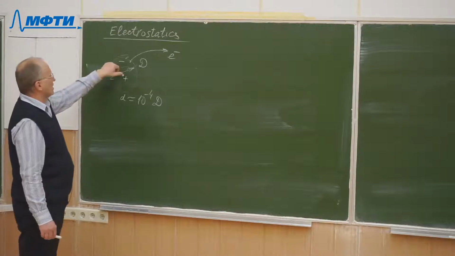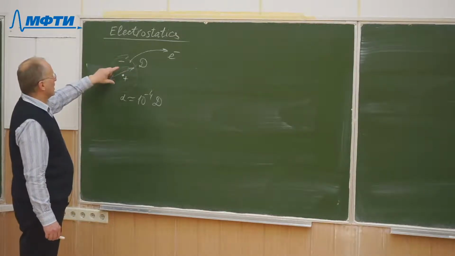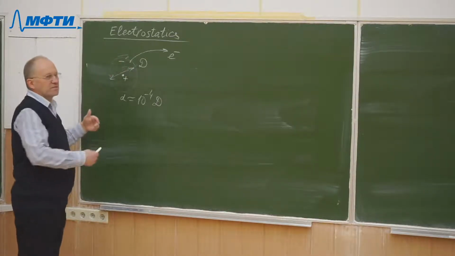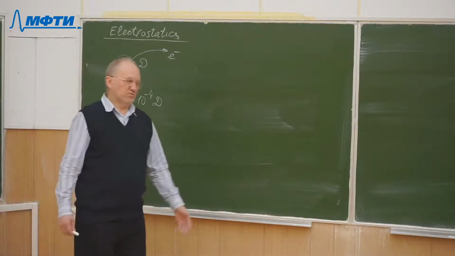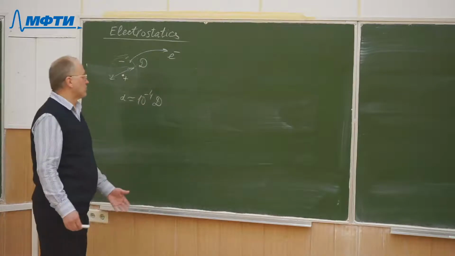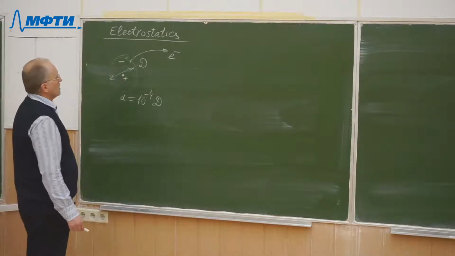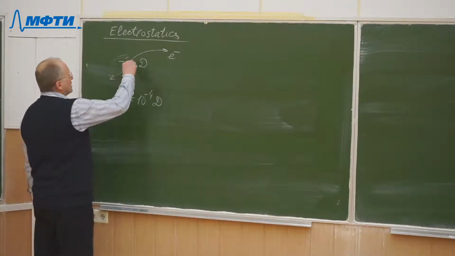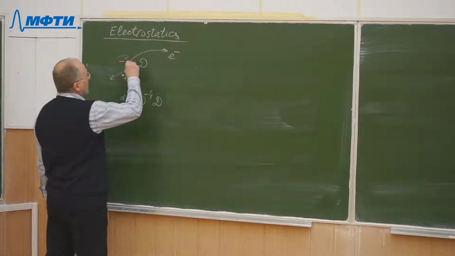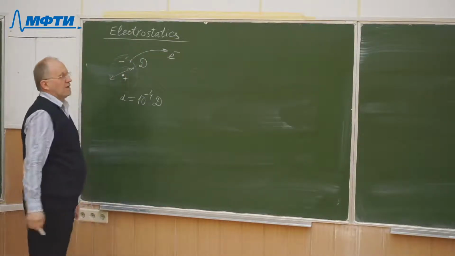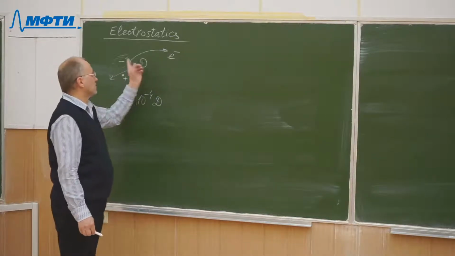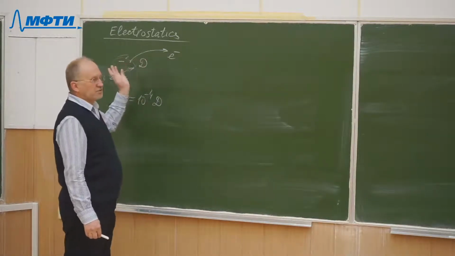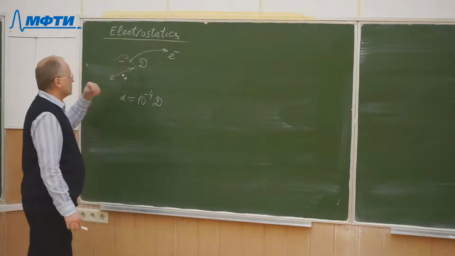Also, it's possible to take the electron out of an atom by illuminating the substance using, for example, gamma radiation. A gamma quantum will sometimes be absorbed, and the electron will take all the energy of the gamma quantum, so the electron will have enough kinetic energy to fly away from the original atom.